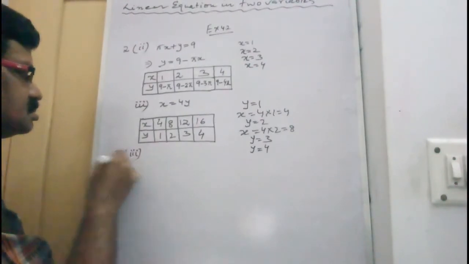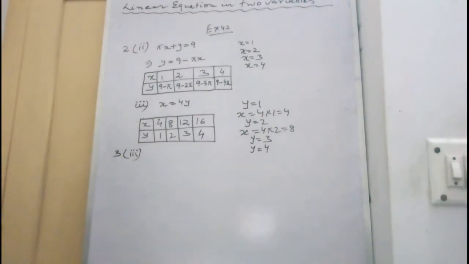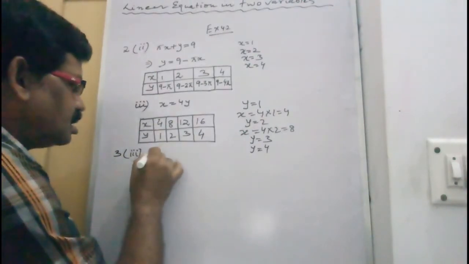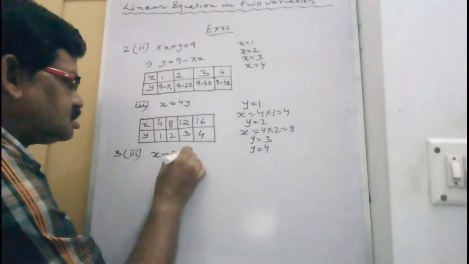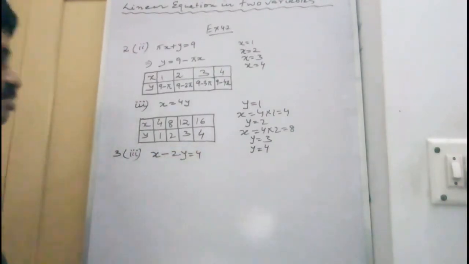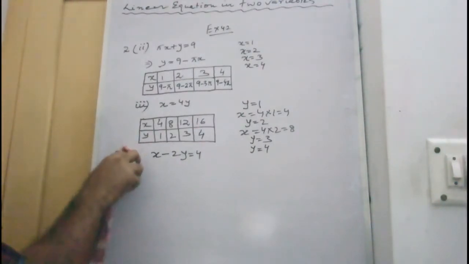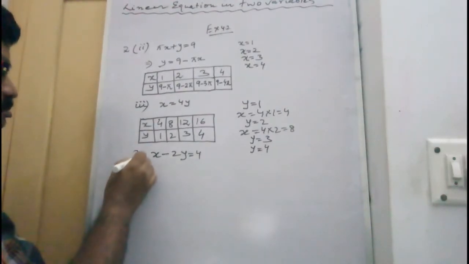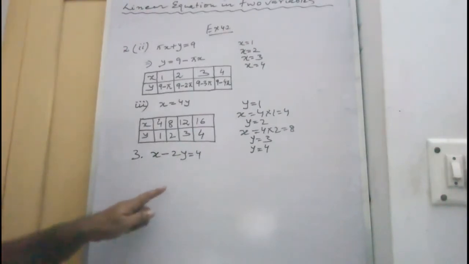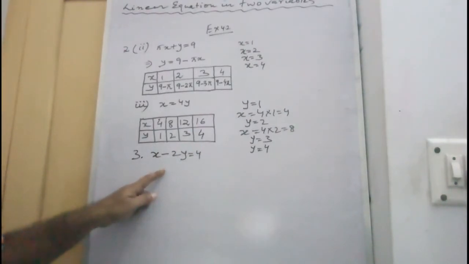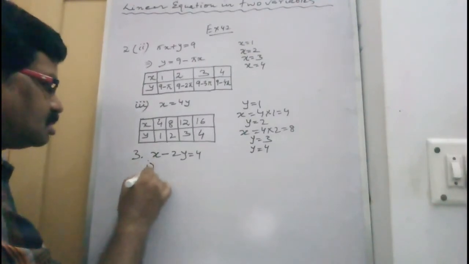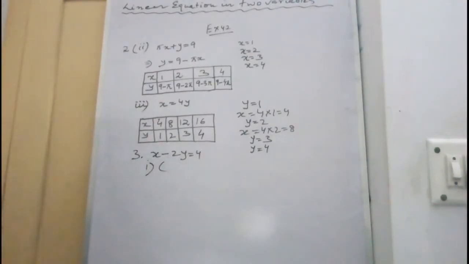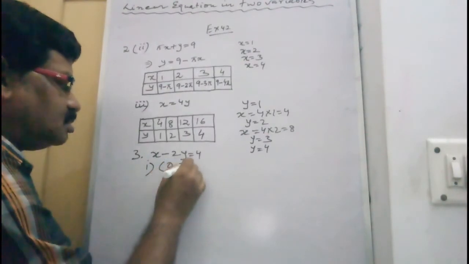Roman 3. Equation is given, x minus 2y equal to 4. In question number 3, a linear equation is given. Roman 1, (0, 2).